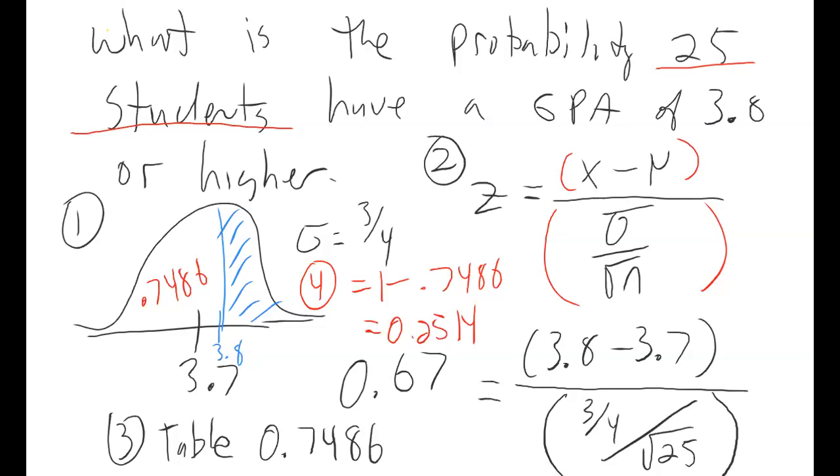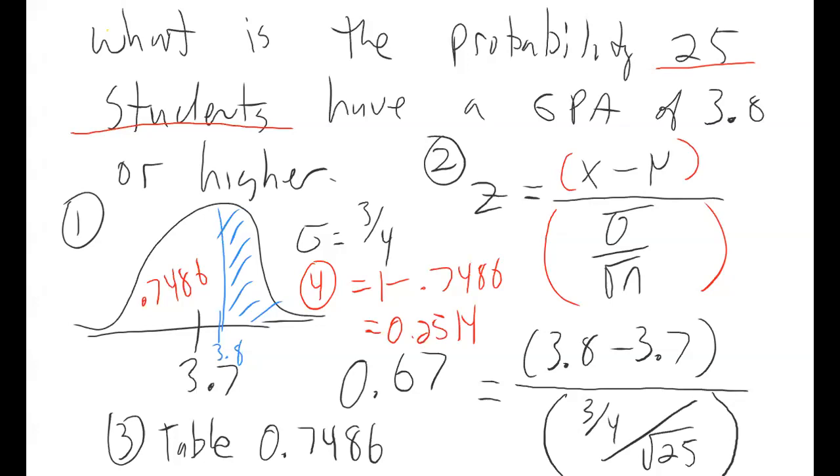Any questions on the central limit theorem problems? How did you do that extra step at the end? 1 minus, we had to do the complement, because we're colored to the right. Anytime we color to the right, we have to do the extra step. Remember, every time we take a number out of the table, it is only to the left. So the 0.7486 we found is to the left on the table, but our question wanted to the right, so we had to do an extra step.